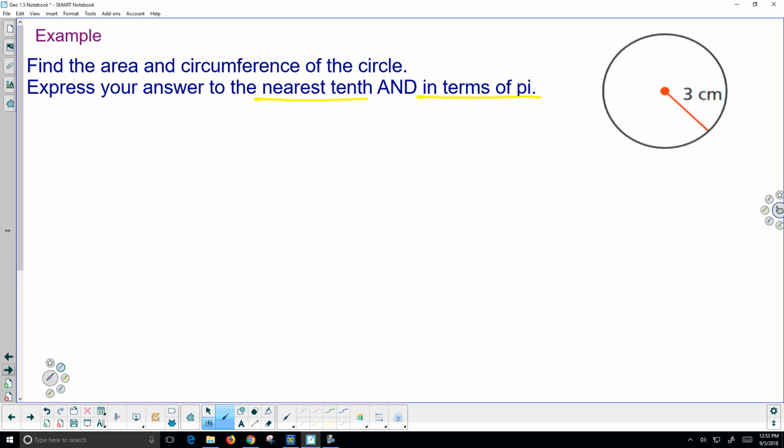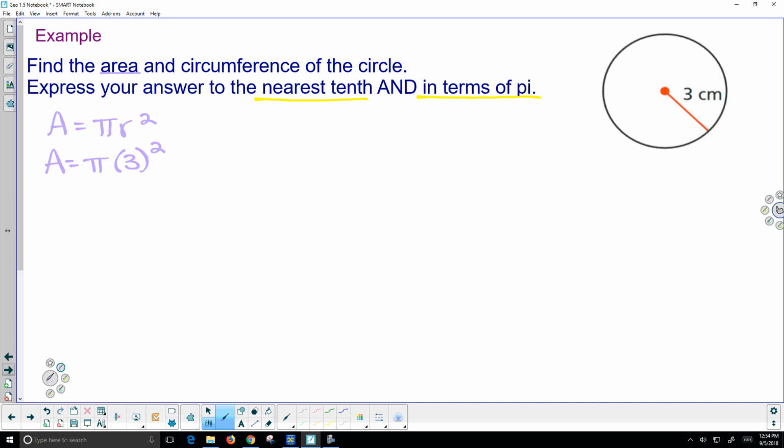So let's see. We need to find the area of the circle. According to our last slide, the area of a circle is pi r squared. I'm given r in this particular case. R is 3, so I'm going to fill in r with 3.